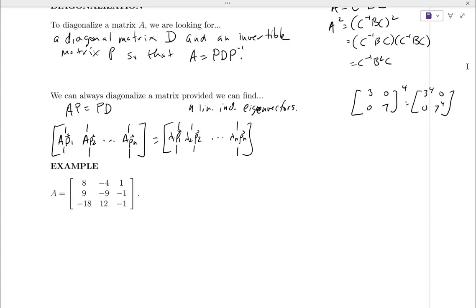All right, so let's just go ahead and do an example here where we're going to diagonalize a matrix. So we'll do this with our calculator, so we don't have to go through all the computations by hand. Okay, so we've got this matrix here, A. Let me switch over.